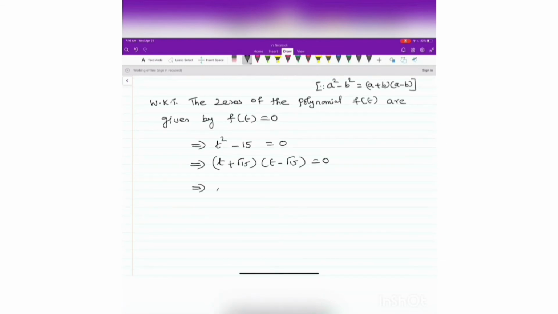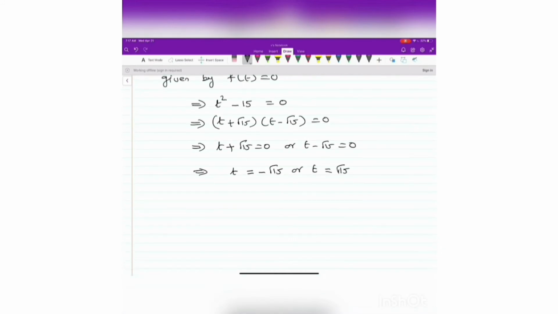This implies t plus root 15 equal to 0 or t minus root 15 equal to 0. This will give t is equal to minus root 15 or t is equal to root 15. Now we got the zeros of the given polynomial f of t, which is t square minus 15. So let us write the first answer.